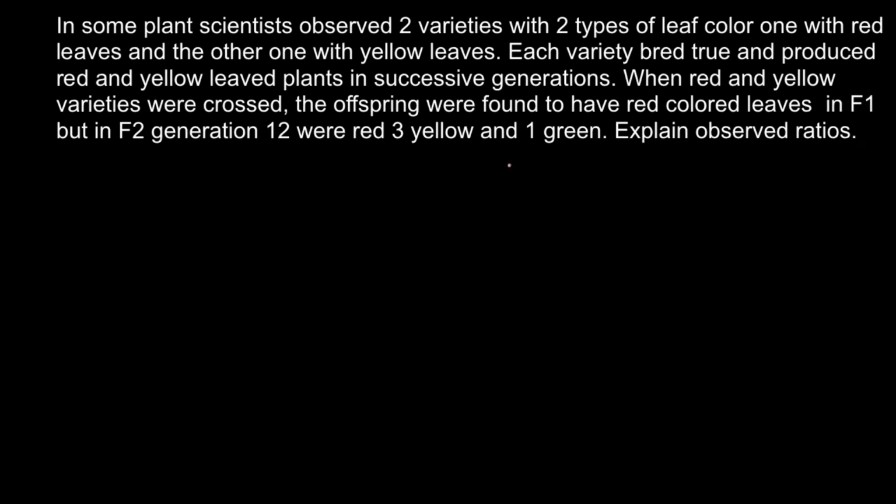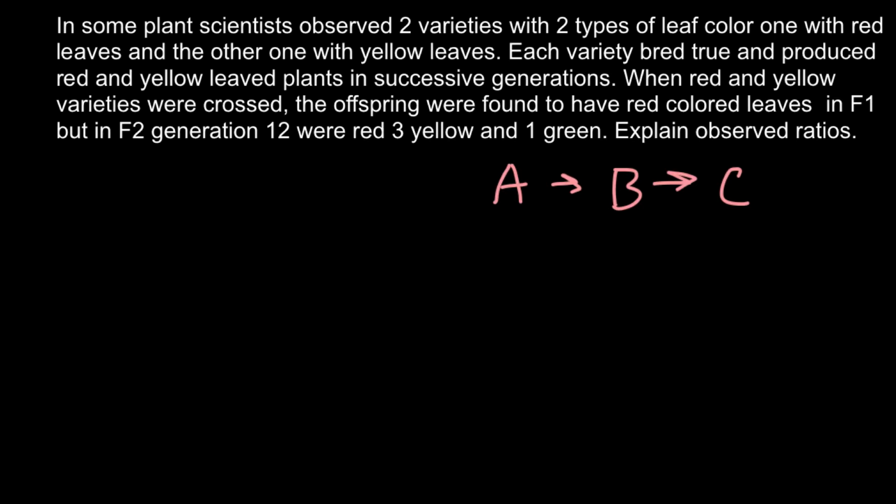For example, gene A would be dominant over gene B, and gene B would be dominant over gene C. But this is not the case, and some of you who watched my previous videos would instantly see that this trait is under the control of 2 genes, because 12 plus 3 plus 1 gives us 16.